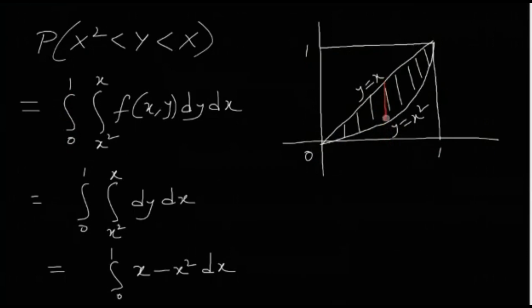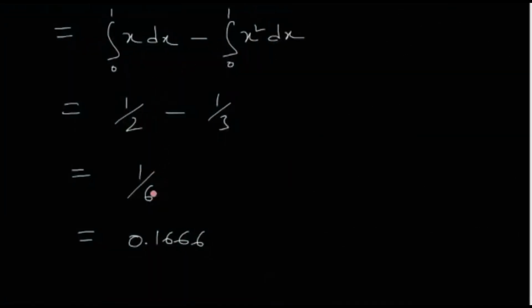In general, when x moves from 0 to 1, y moves from x squared to x, and the integrand is the joint PDF of (X, Y), which is 1. So this is just the integral from 0 to 1 of the integral from x squared to x of dy dx, which is very easy to calculate. It is 1 by 6, which is 0.17.